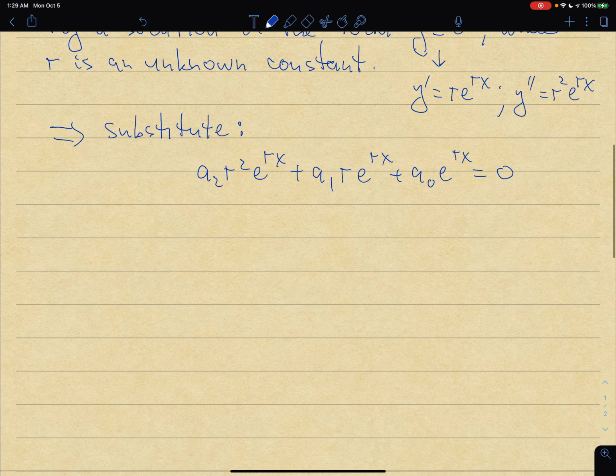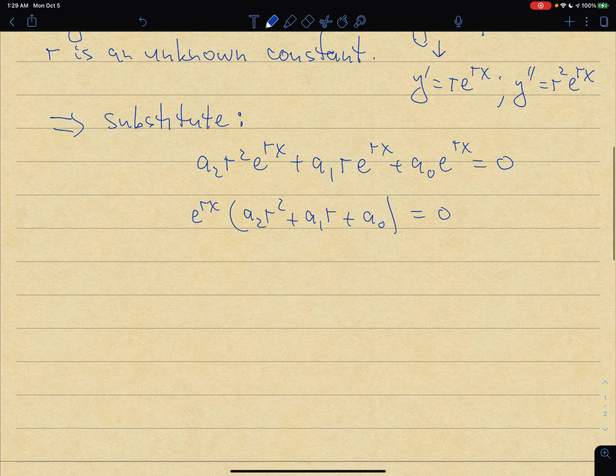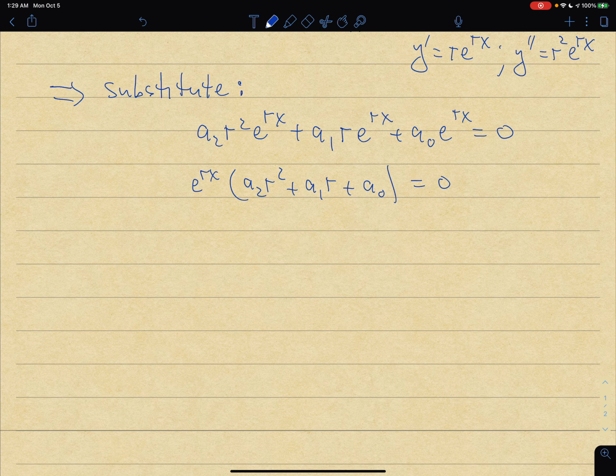All right, so then if I look at this new equation that I got, then I see that on the left-hand side I have e to the rx as a common factor, so I can factor it out. And inside I'll have left a2r squared plus a1r plus a0. The whole thing is equal to 0. All right, so then exponential function is never 0.